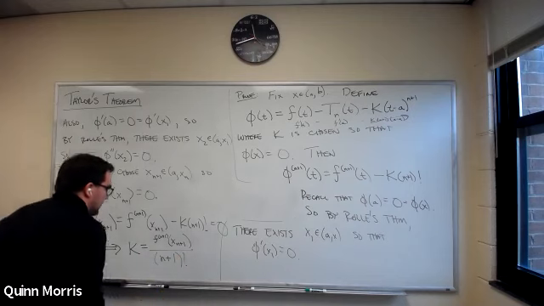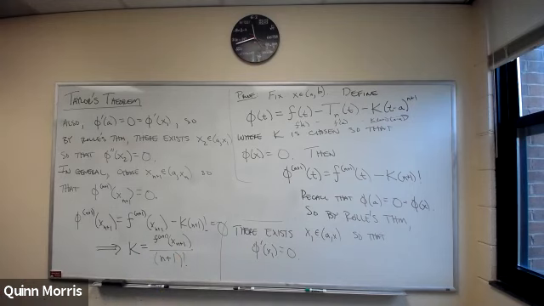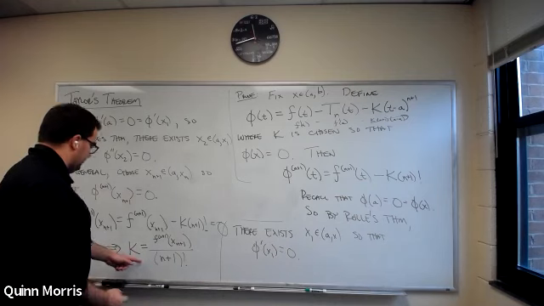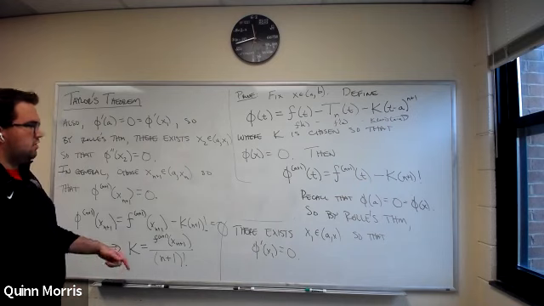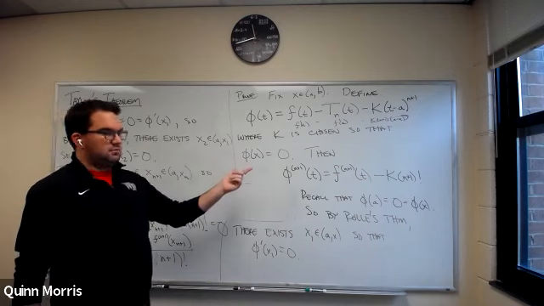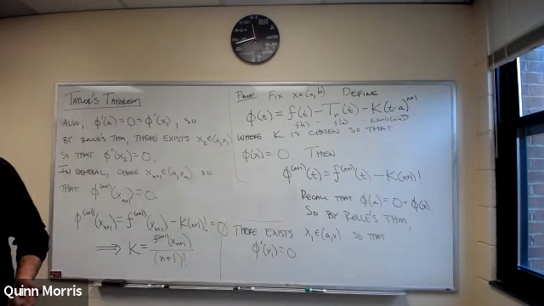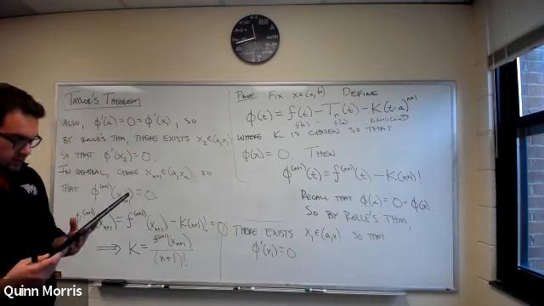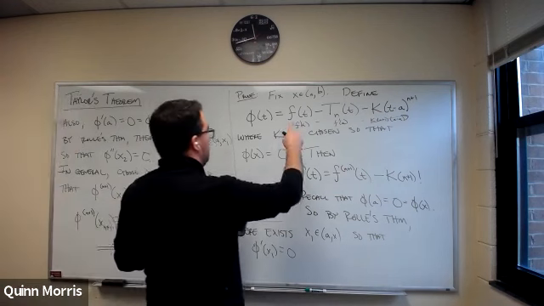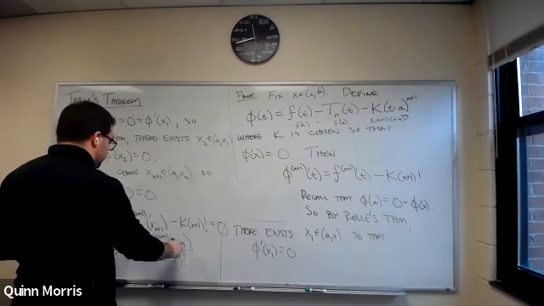And if we just call this x sub n plus 1 c, it's just the point we ended up with, then we have that k has exactly this value, okay? And so going back to our original statement, I just take this x sub n plus 1 to be equal to c.